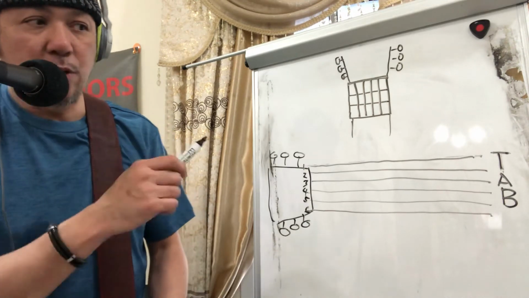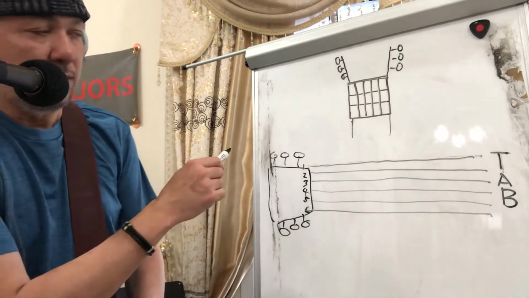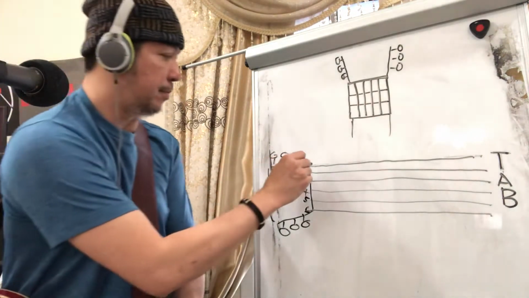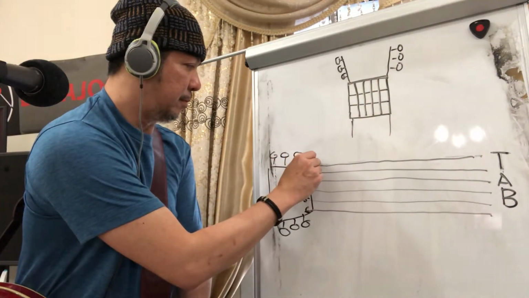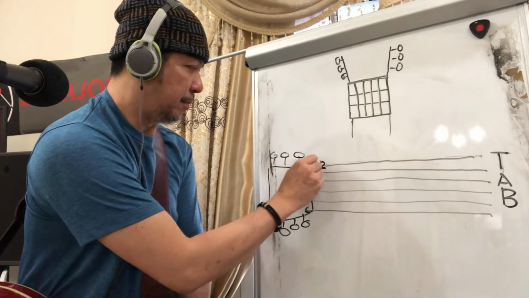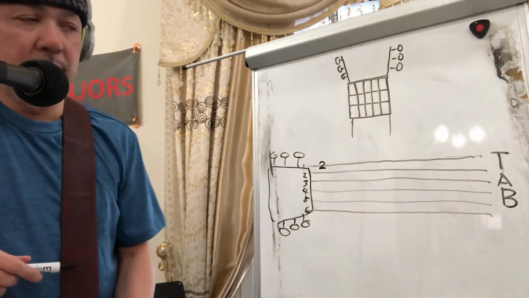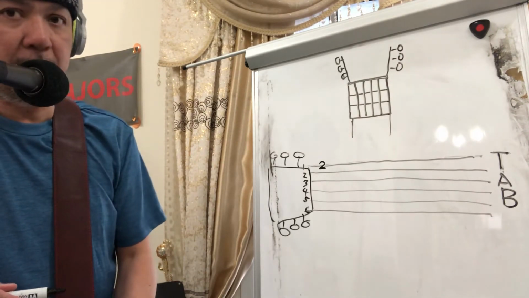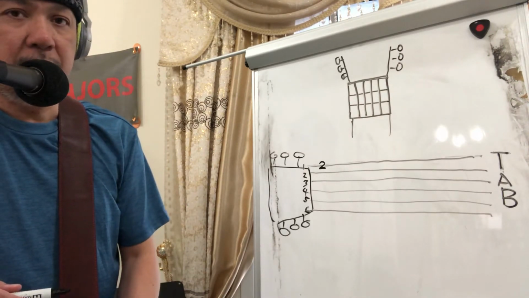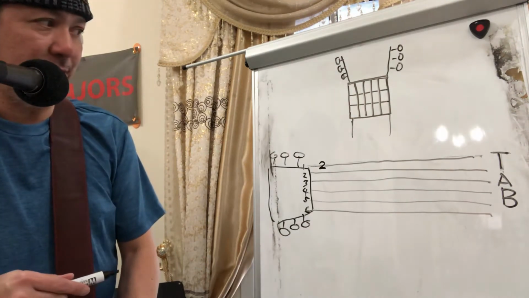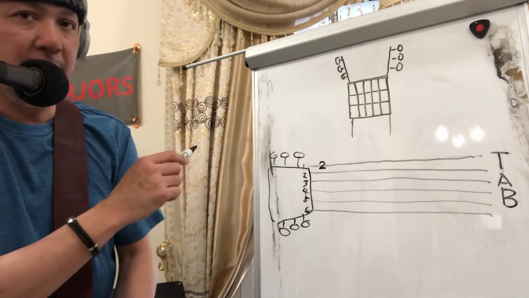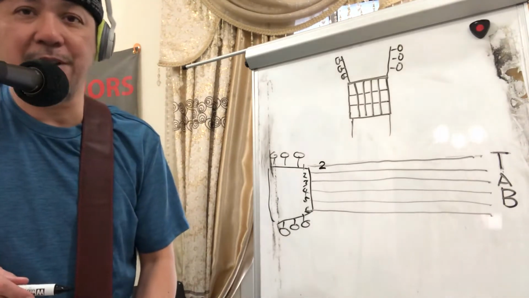So if we are going to see a certain number like this, so in this example, you see a number 2. And the number 2 is written hanging on the first line. So it means it is on the first string, and 2 actually represents the fret.